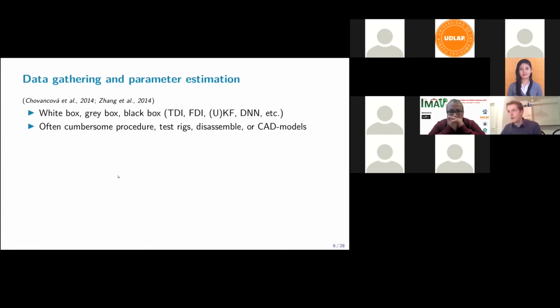Now for model identification, there's an extensive list of techniques, great literature, either for white box, gray box, black box models, you name it, time domain, frequency domain, etc. But very often the data gathering here involves a cumbersome procedure in which drones have to be disassembled and separate components have to be mounted on test rigs, or you need very accurate CAD models of the drone to get to the parameters.